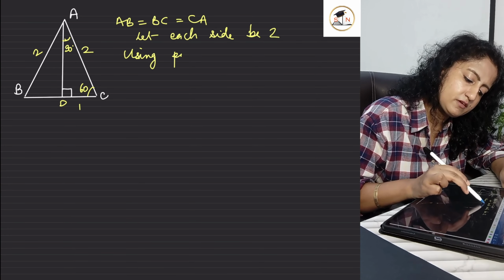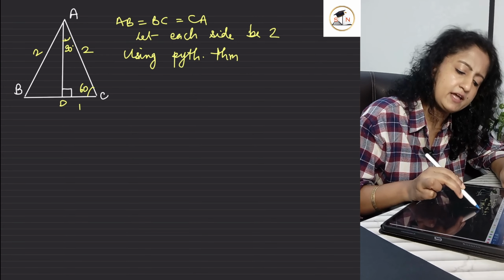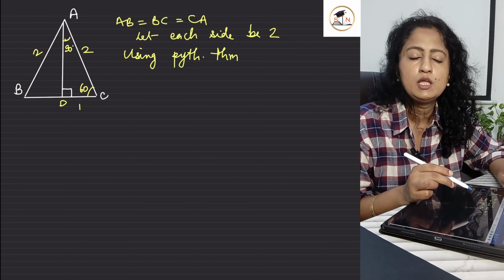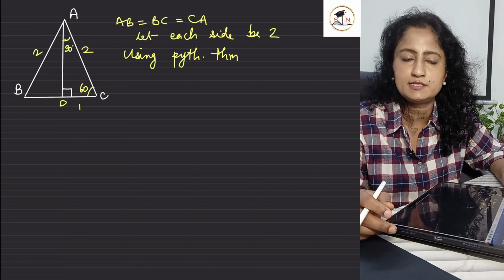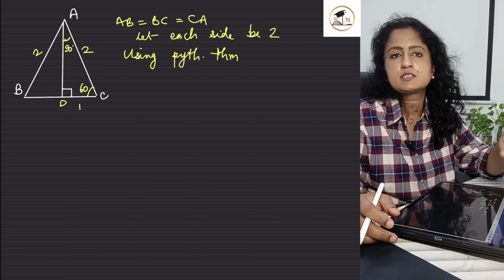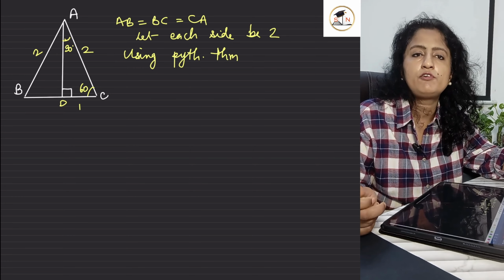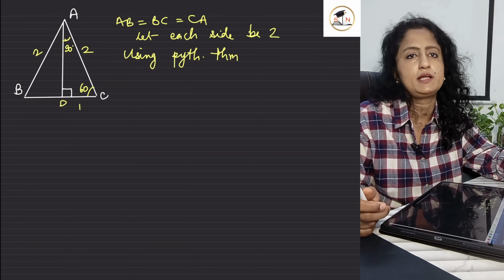Using Pythagoras theorem. Okay, one thing, why are we doing this? Does this proof come in the board exam? No. This proof, this understanding comes nowhere in any of the exams. But if you understand how you have got these values, it is going to be better for yourself because it will become easier to memorize.